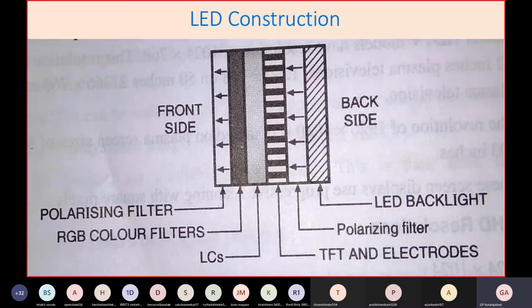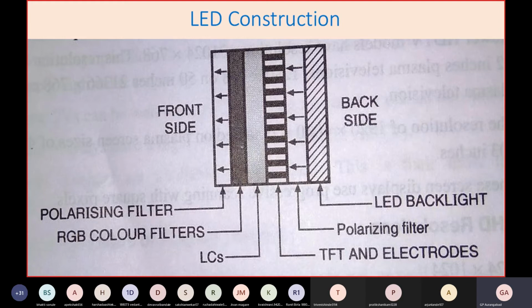Now you might have a question: what is the difference between LED TV and LCD TV? The basic difference is the light source. The light source of LCD is normally CCFL, cold cathode fluorescent light.